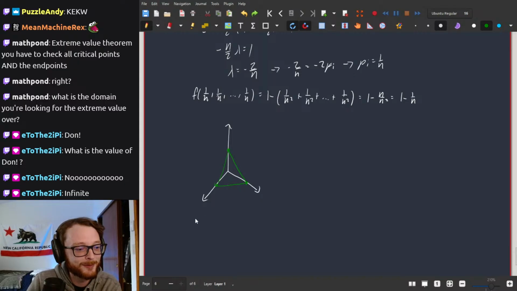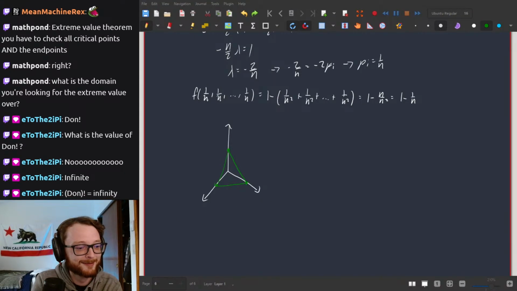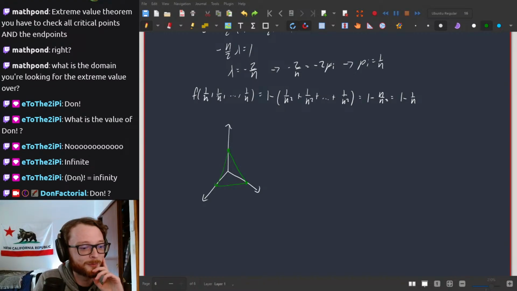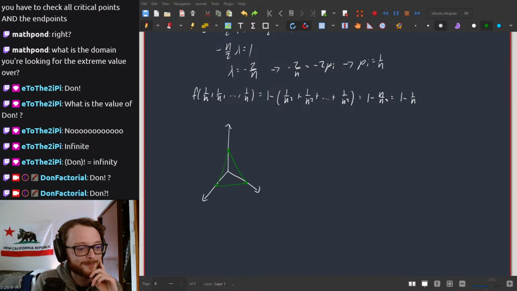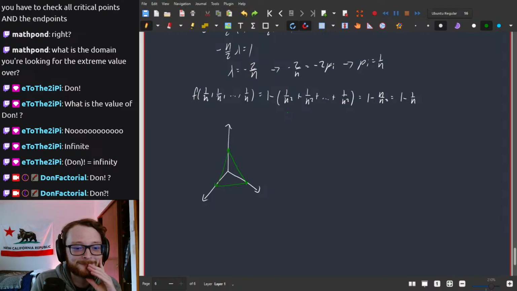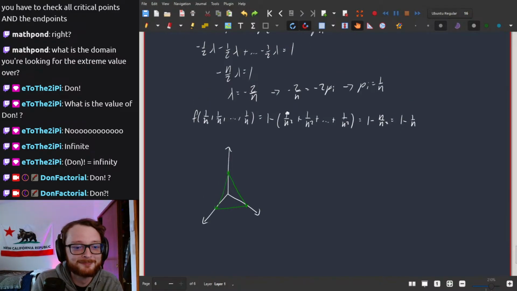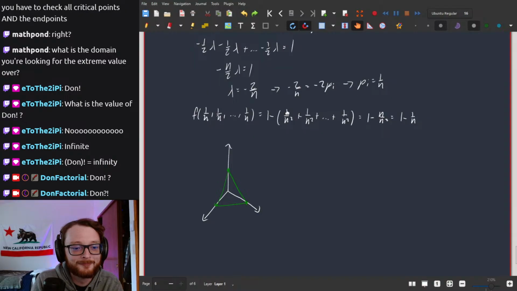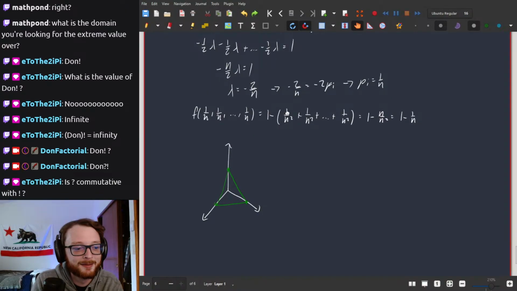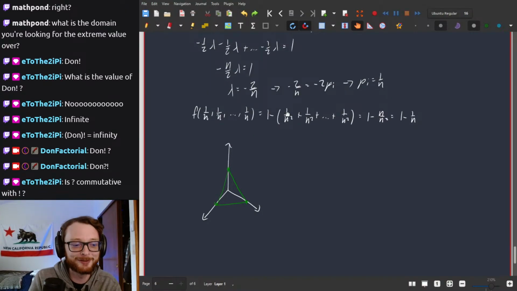Also, the punctuation of that question is kind of funny. It makes you think of the, what's that called? The interrobang, the question mark exclamation point. Is question mark commutative with exclamation point?